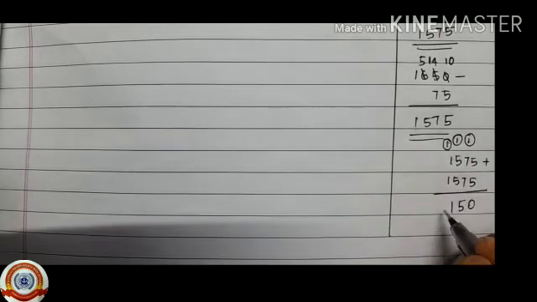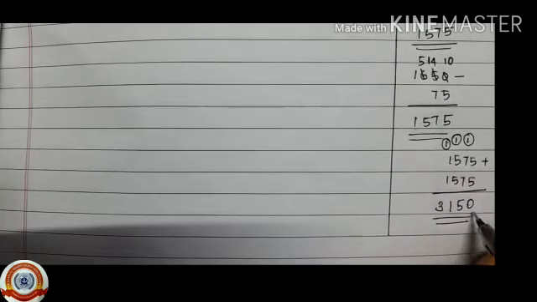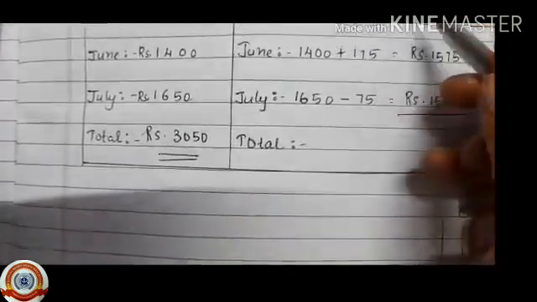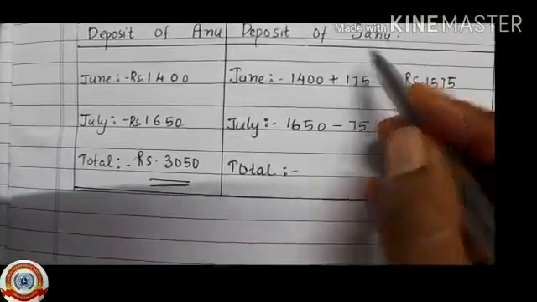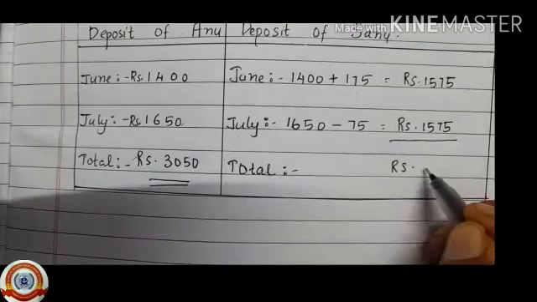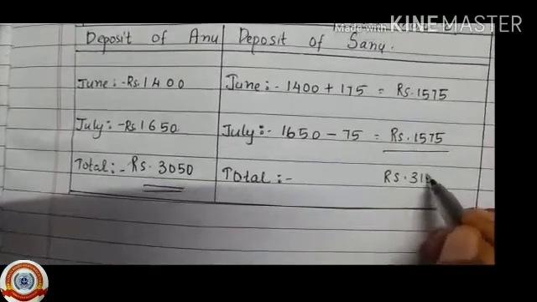Plus 1, 3. 3150. Students, how much was the total deposit of Sanu? 3150 rupees. So, the total deposit of Sanu was 3150 rupees.